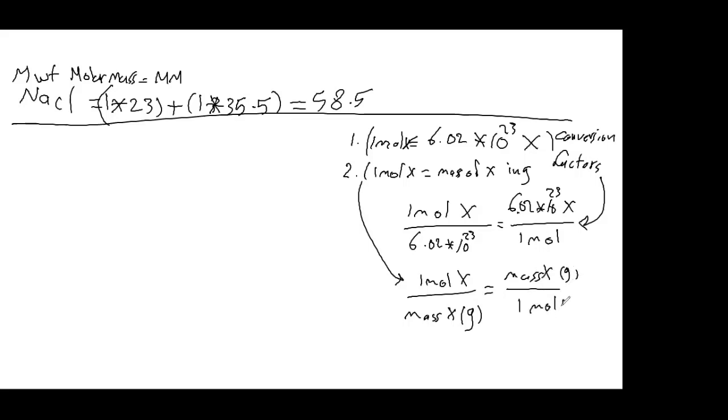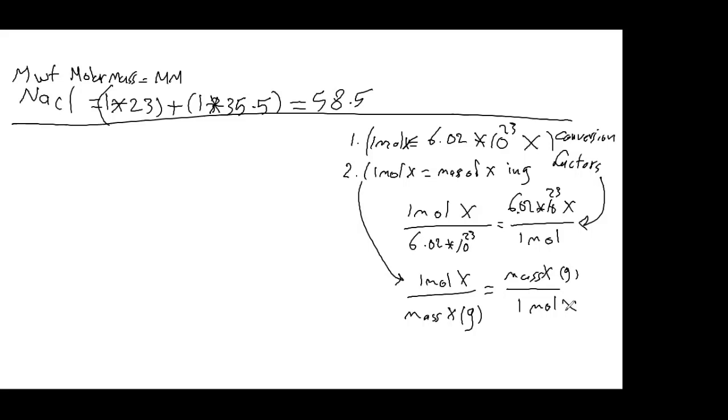Now, when you do the calculation for mole, either they will ask you what the mole is or the mass, or sometimes the number of atoms or molecules. You need to use either one of these factors, or maybe both of them sometimes, depending on the information in the question.